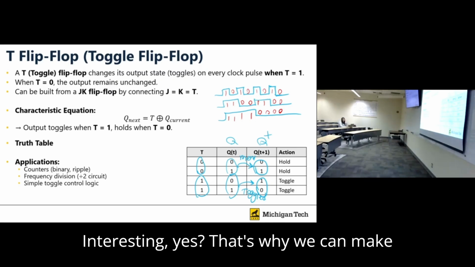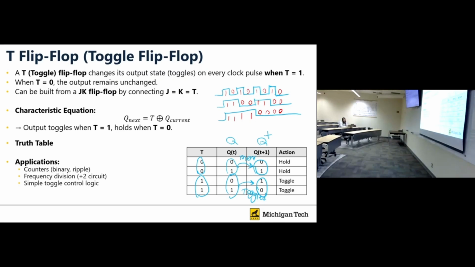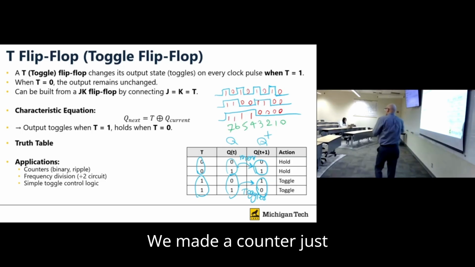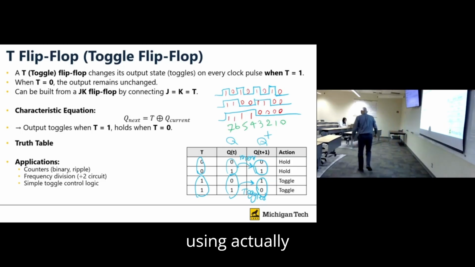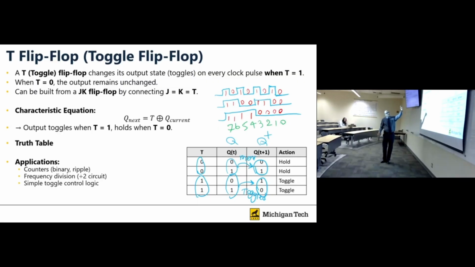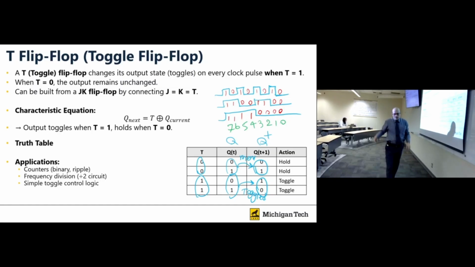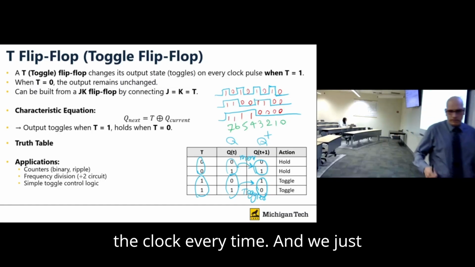Interesting, yes? That's why we can make a counter. This is 0, 1, 2, 3, 4, 5, 6, 7. We made the counter just using multiple flip-flops that cascade after each other and divide the clock every time.